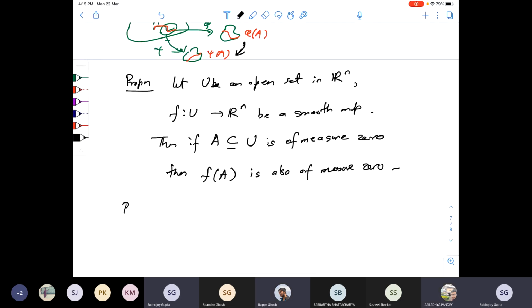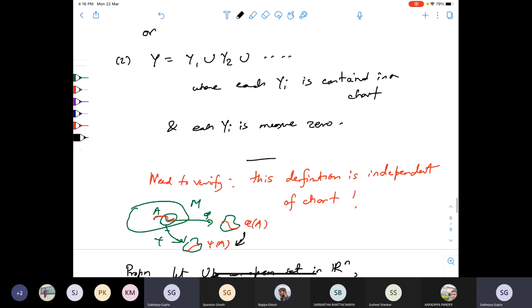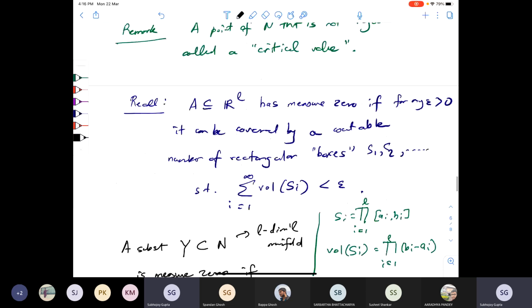In particular, U is a subset of Rn, so we can talk about Lebesgue measure on U. Yeah, but suppose you don't know about Lebesgue measure or things like that. I see, we're only using that definition. So how do you know that Lebesgue measure zero sets have this property?